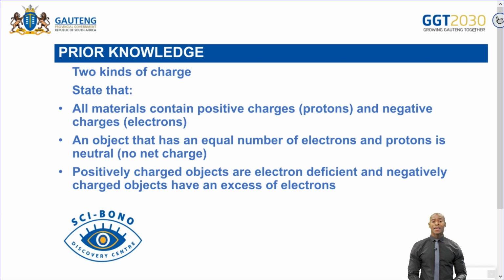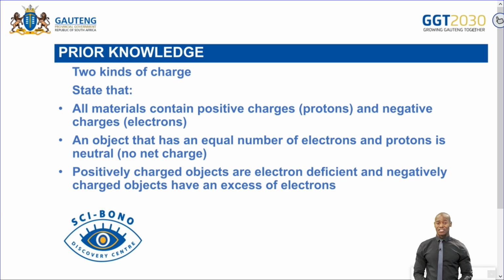Then those which are negatively charged, again, it doesn't mean that there are no positive charges there. The positive charges, or the protons, are there, and we say those objects are negatively charged, or they have an excess of electrons. So an object is either neutrally charged, which means it has an equal number of electrons and protons, or positively charged, which means it has more protons than electrons, or more positive charges than negative charges.